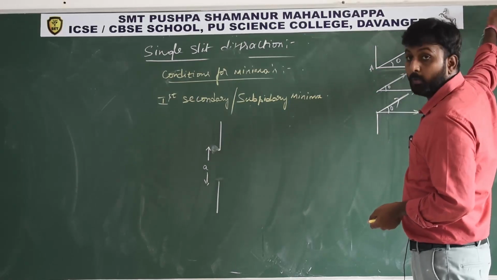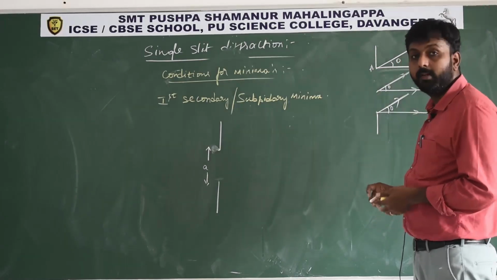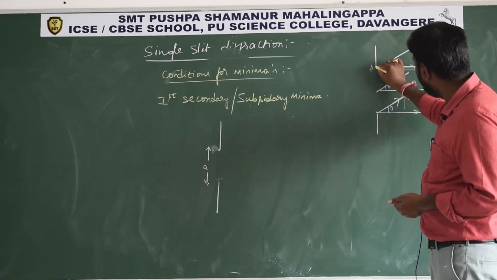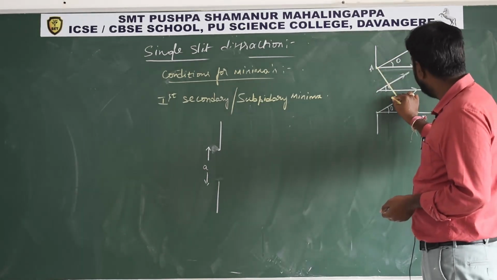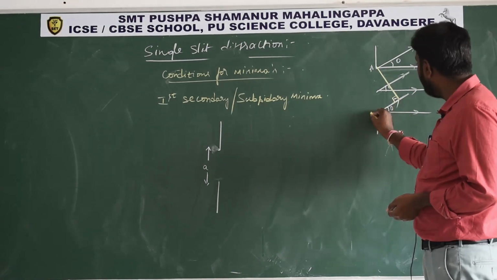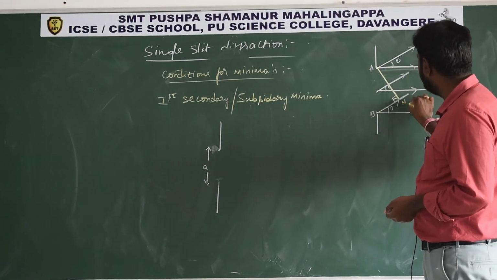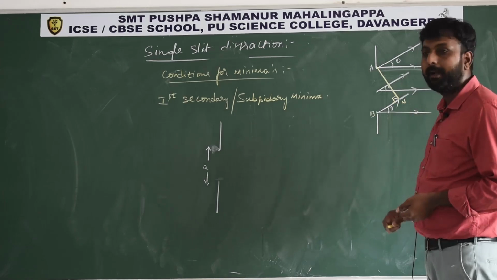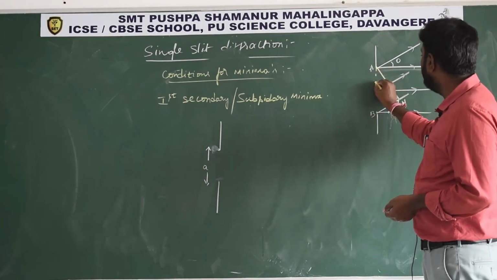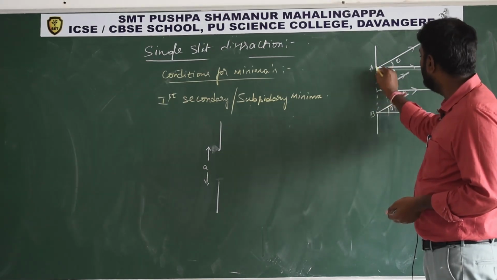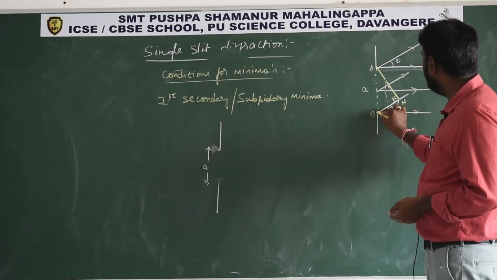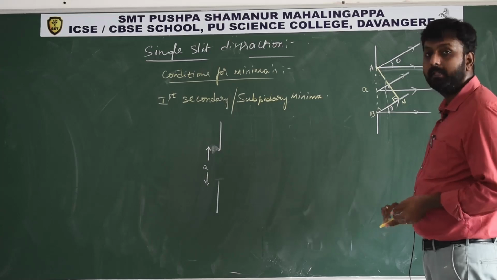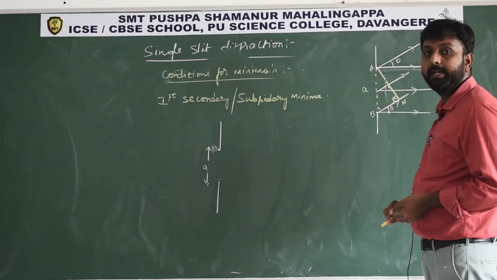These two light rays will superimpose at point P. From point A you have to draw a normal. By drawing the normal, this will become the path difference. Let us take this point as N. BN is nothing but the path difference. In the diagram, observe carefully, the width of the slit is small a. This angle is theta, this angle becomes 90 minus theta, and this is the perpendicular, 90 degrees.